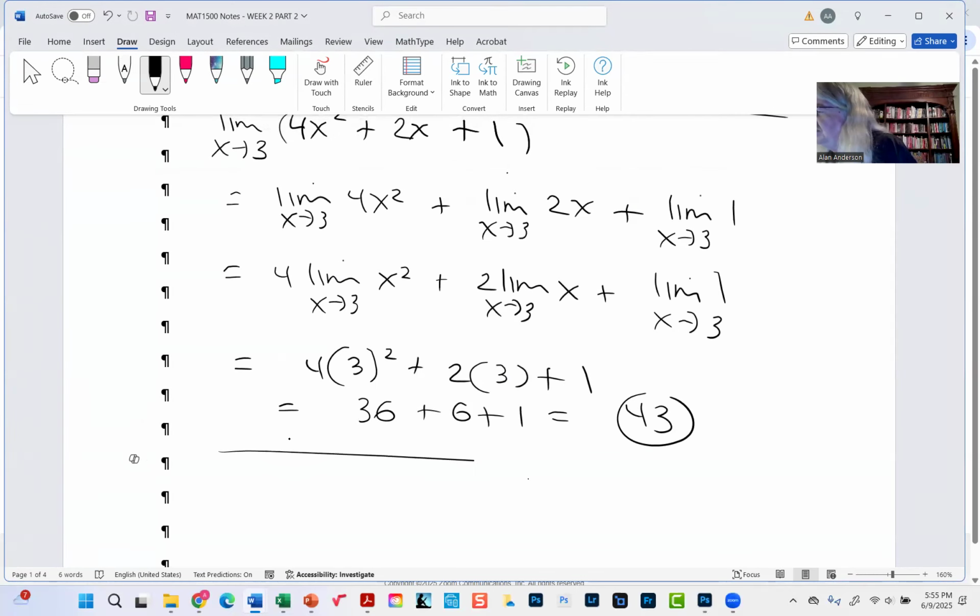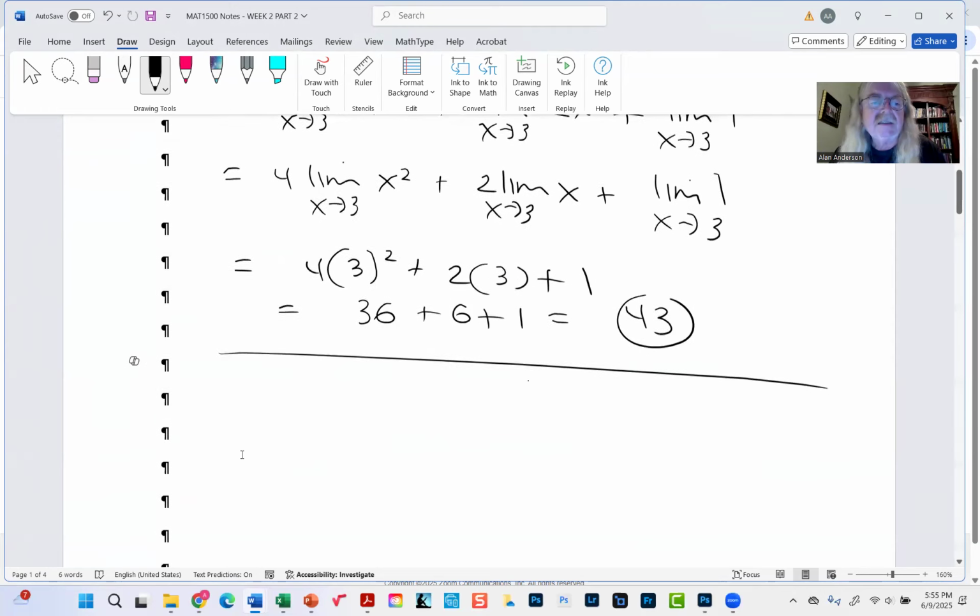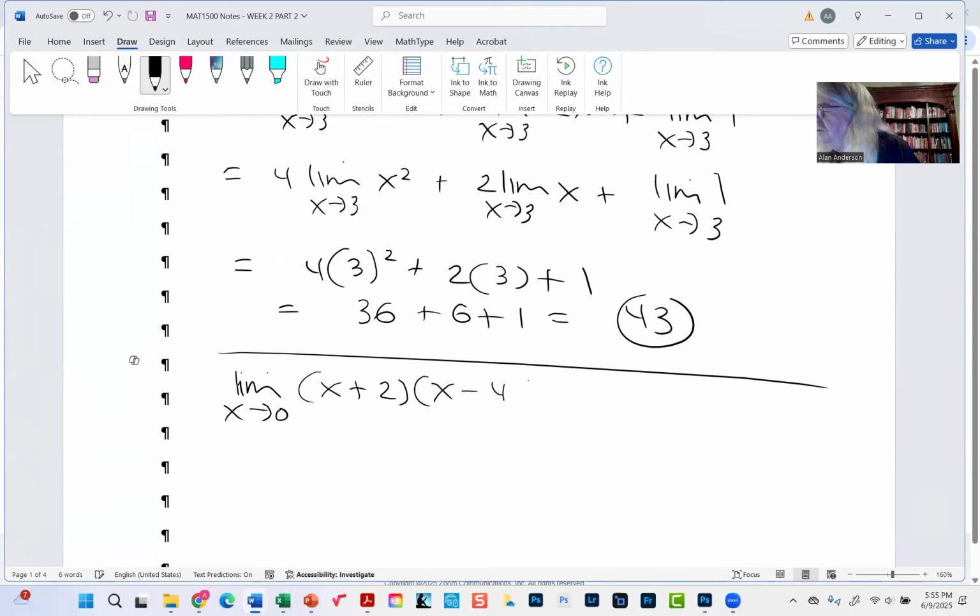For example, if I had, let's see, the limit as x goes to 0. Now, what I could do is multiply those two terms together and come up with a polynomial and then solve it with direct substitution. In fact, why don't we try that just to see how it works out?